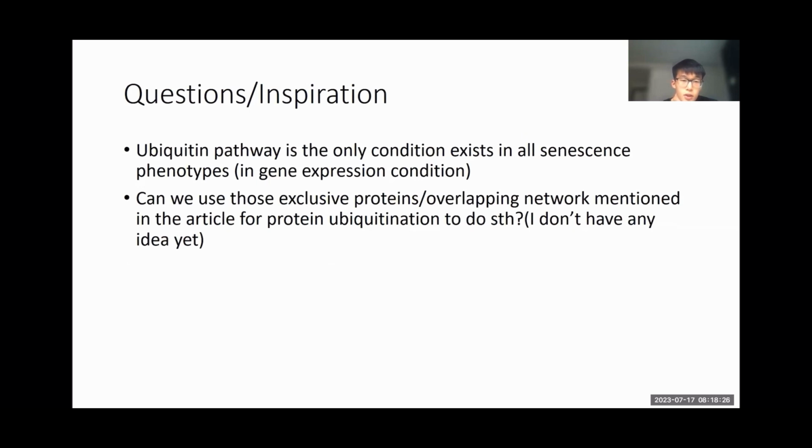Yeah, I have no idea yet about how this article can really contribute to my experiment, but I got some inspiration after I read it, because the ubiquitin pathway is the only gene expression pathway that exists in all types of cell senescence conditions.